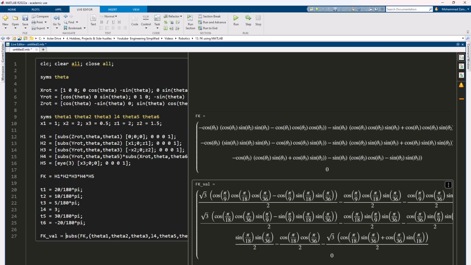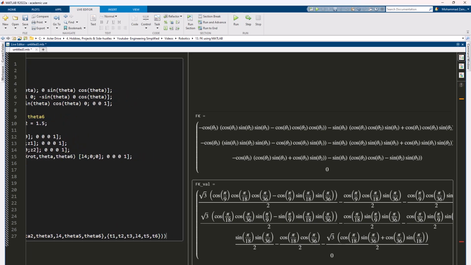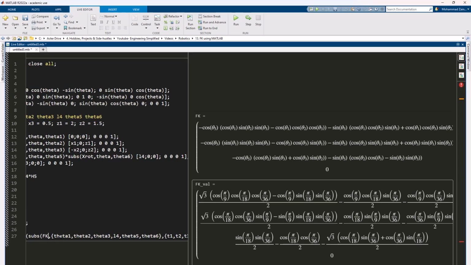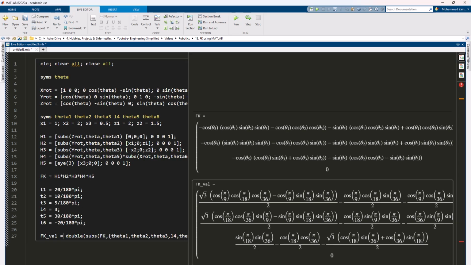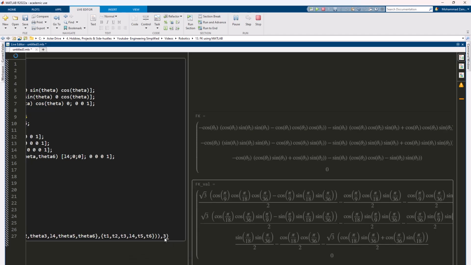So I get a 4 cross 4 matrix which has all the unsimplified form. I can write simplify and write double, and maybe I can even use VPA just to make things a little easier.